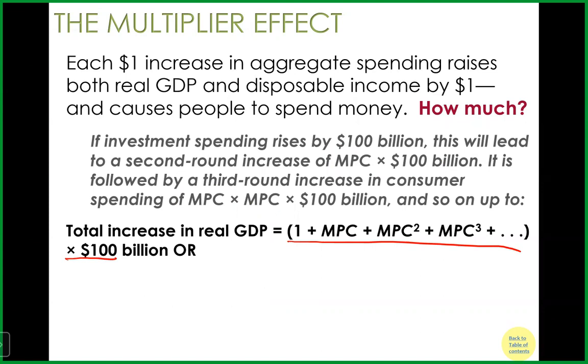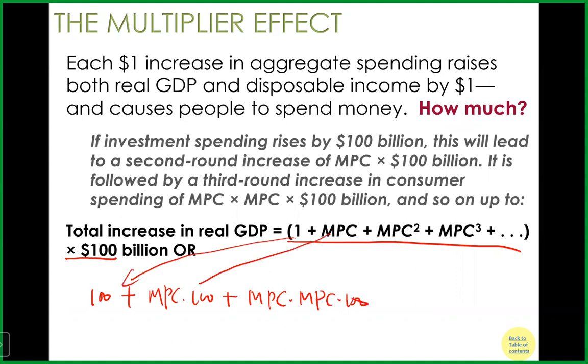Essentially, this is 100 plus MPC times 100 plus MPC times MPC times 100, right? So this 100 goes here, this MPC goes here, this MPC squared goes here. This is the first round, immediately you spend and it becomes income.